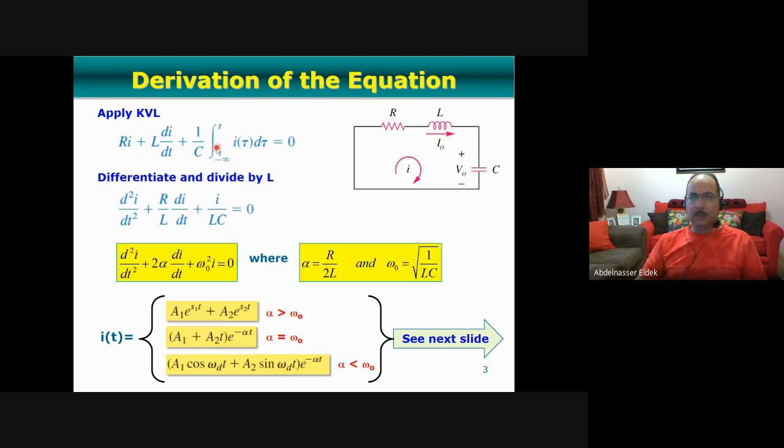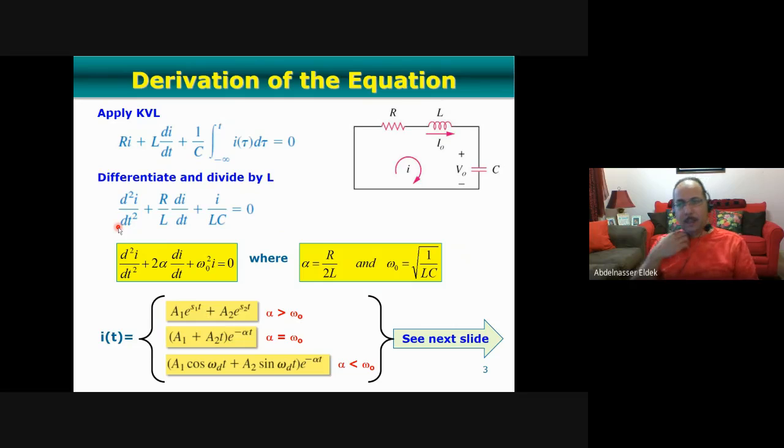So to get rid of the integration here, because it will be hard to solve, you just differentiate the whole equation. Then in this case, this will be a second order differential equation: L d squared i by dt squared, and here it will be just 1 over C times i, and here R di by dt. And then you divide by L to get rid of this L. So the equation will look like this.